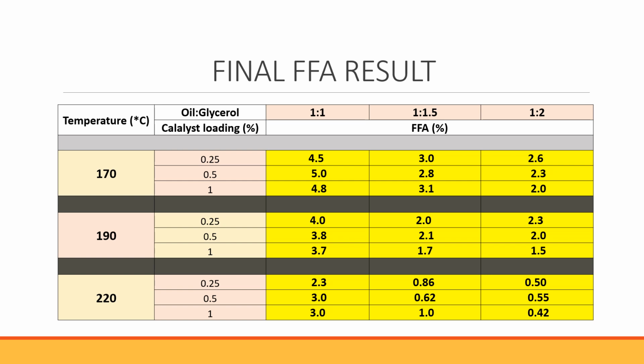Temperature wise also affects the catalyst loading effect. Okay, and then for the ratio, we can see here, obviously at 100% excess, at higher temperature and at higher catalyst loading, we get the lowest FFA.